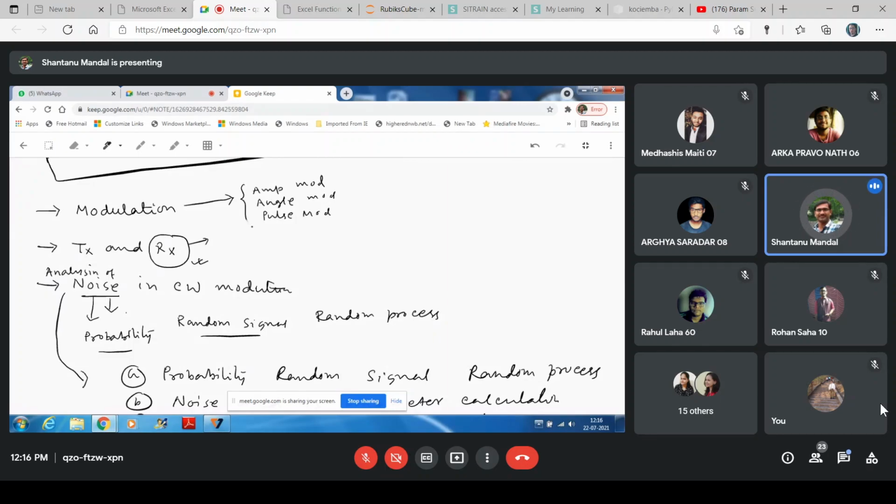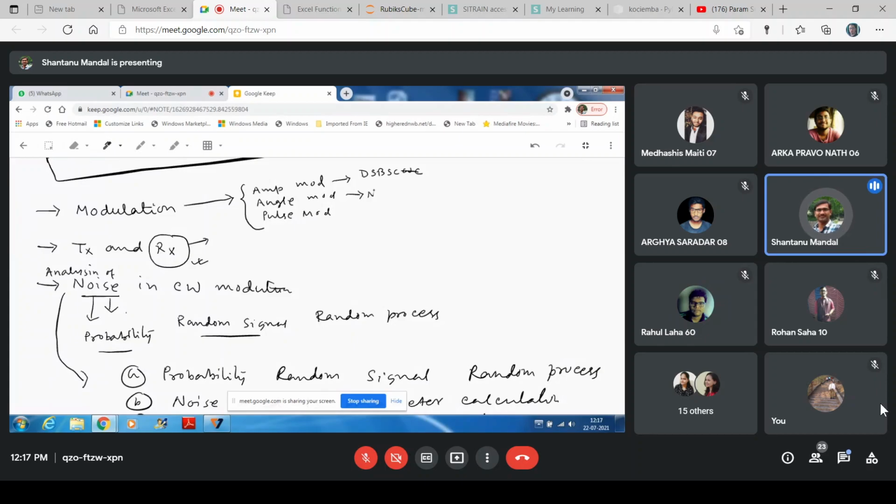Amplitude modulation has different types: conventional AM, which is DSB with carrier, and DSBSC, which is without carrier, and also SSB and VSB.